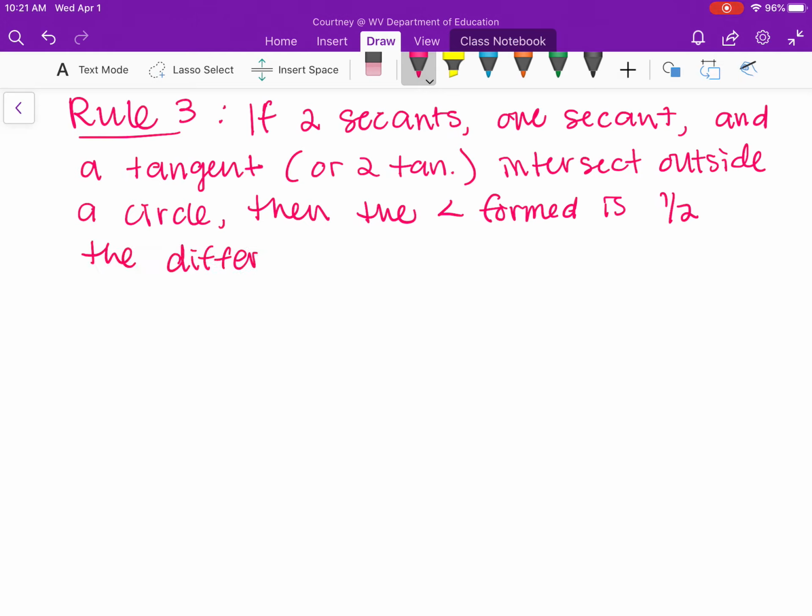Last time we did sum, this time we do difference of the intercepted arcs.